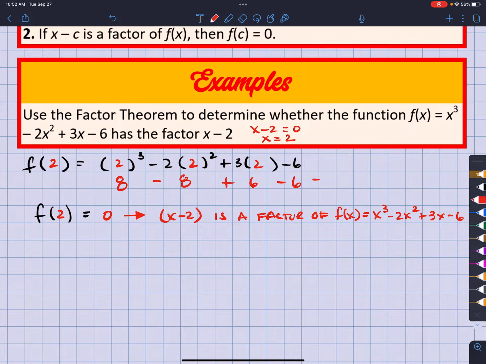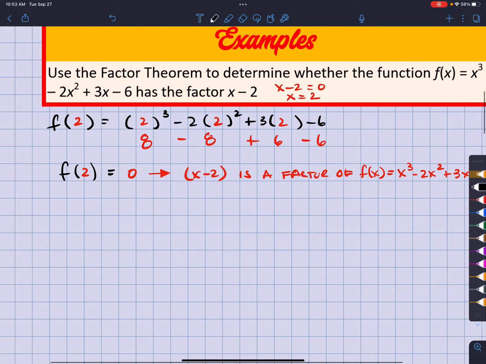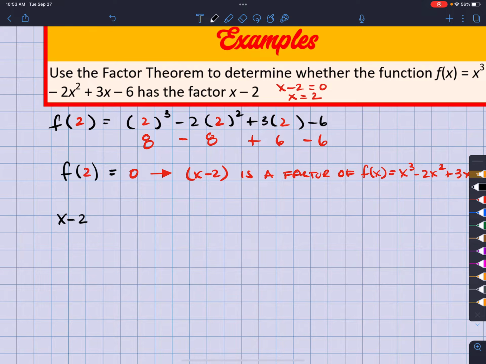So the question is, how do I break that down? Now that I've found that the remainder is 0, so this is a factor, I'm going to do the long division to find the other zeros. So I've got x minus 2 dividing x to the third minus 2x squared plus 3x minus 6.